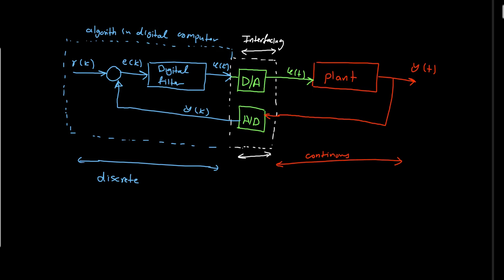So here AD is standing for analog to digital converter, while DA is standing for digital to analog converter.